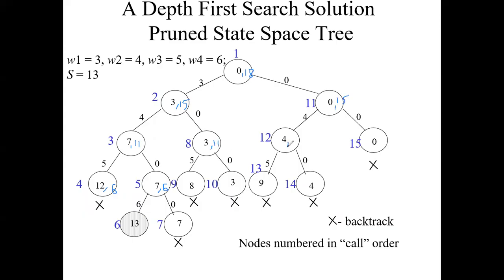Because we have considered that item, but we have not included that. So here it will be okay. So we were able to fill this.